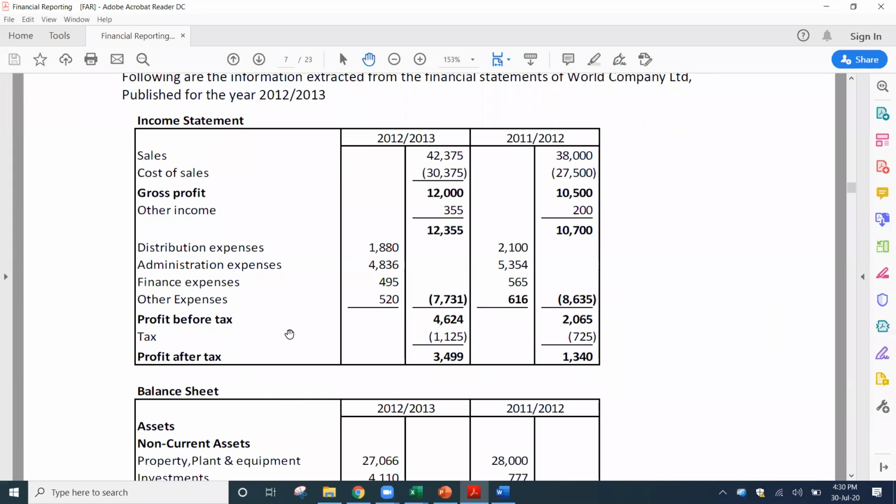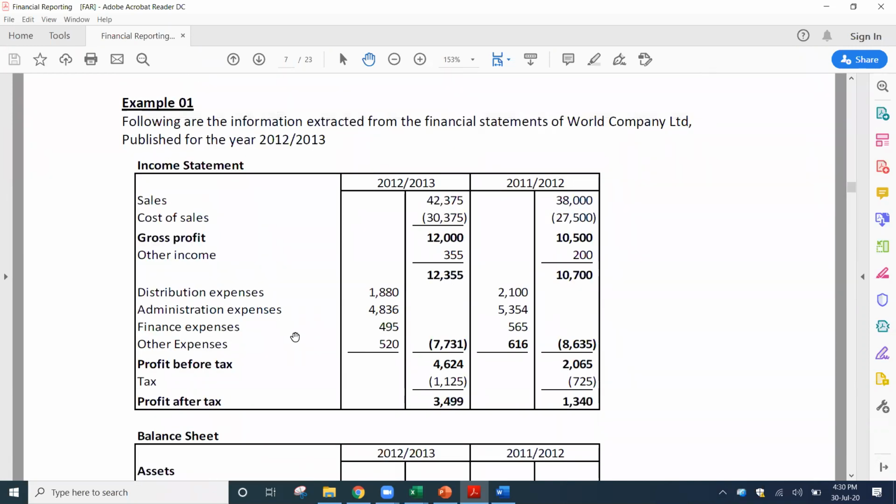Okay, we'll start with example 1. Let's try to calculate as much as possible ratios from this.